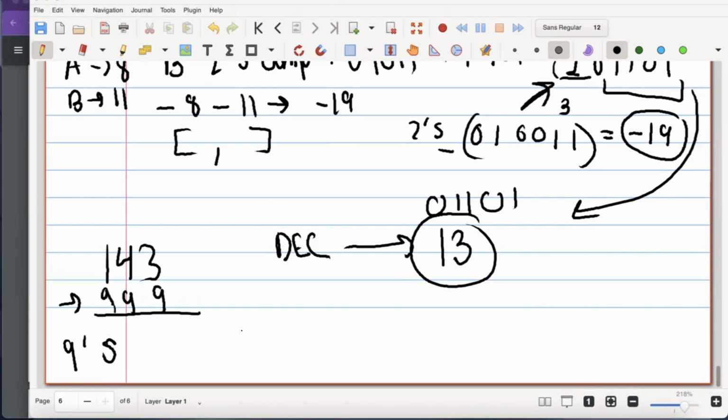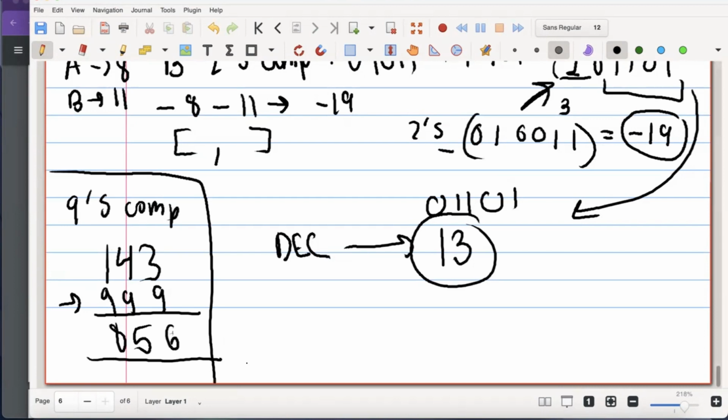Let me erase this so I can quickly cover 9's complement. You don't even have to do minus. This is just 6, 5, 8. There you go, you got the 9's complement. What's the 10's? Add 1. This is now 10's complement.